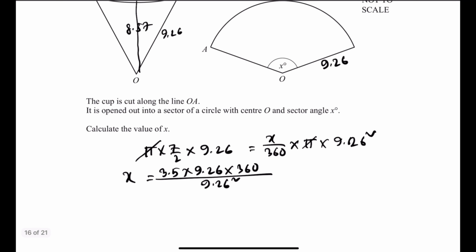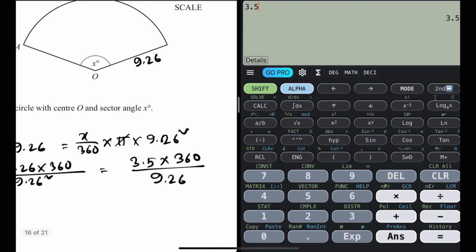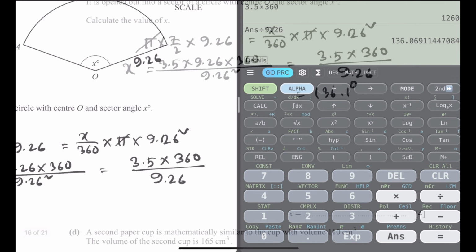Now let me simplify this. So 3.5 into 360 divided by 9.26. Okay, 3.5 into 360 divided by 9.26. So 1.